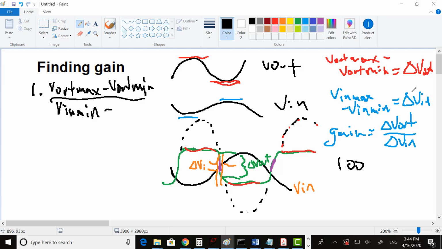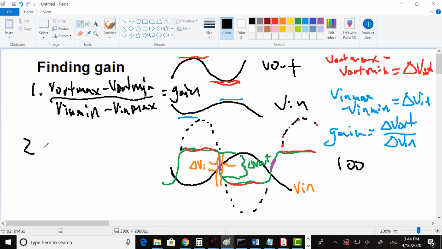So ignore this over here. This is actually the negative of the gain right here, V in max. That is your gain. But if you have any flat spots like this, by taking the maximum of your output, you're not really seeing what the gain is.